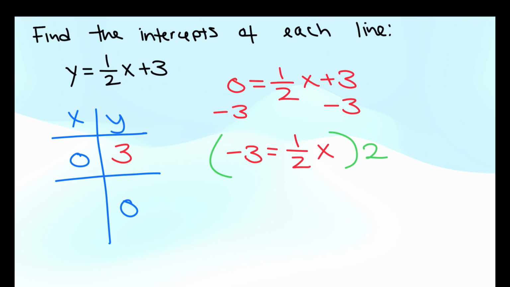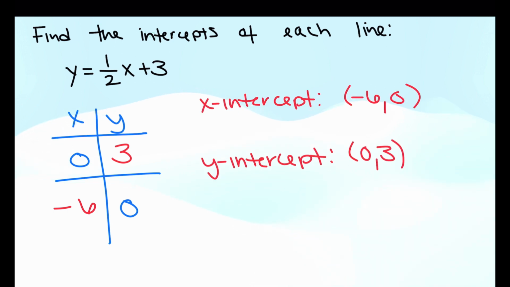So to do that, I'm going to multiply both sides by 2. 2 is my denominator, and so let's clear the fraction by multiplying both sides by 2. 2 times negative 3 is negative 6. 2 times 1/2, half of 2 is 1. So I'm left with 1x equals negative 6, and that is my x-intercept. So finally, as ordered pairs, the x-intercept is (-6, 0), and the y-intercept is (0, 3).